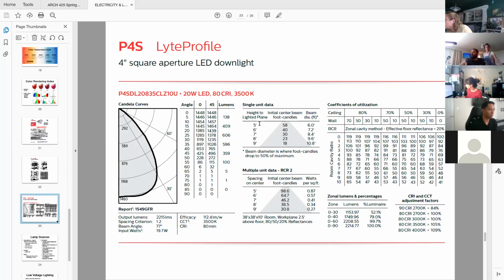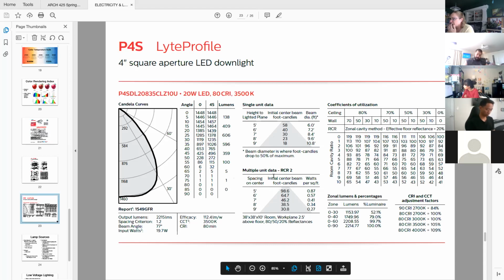And there should be a guide on here for how far apart to place the fixtures to get that beam diameter. I blew up this picture, so I'm not sure where, but if you're going to look at the multiple data, somewhere there would also be spacing information.